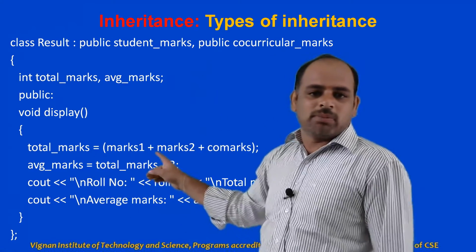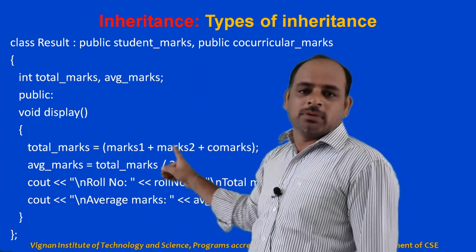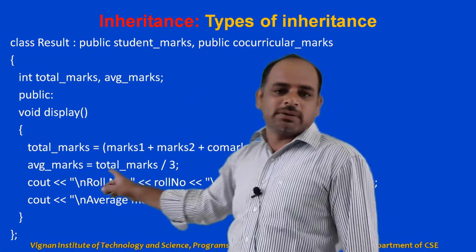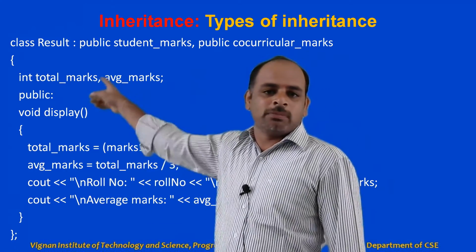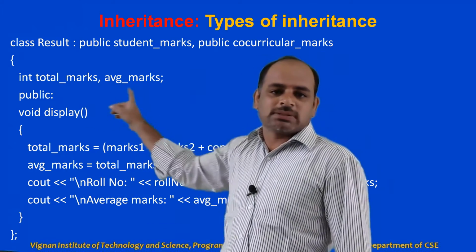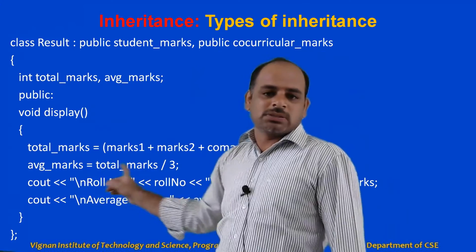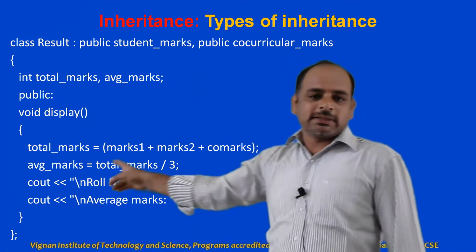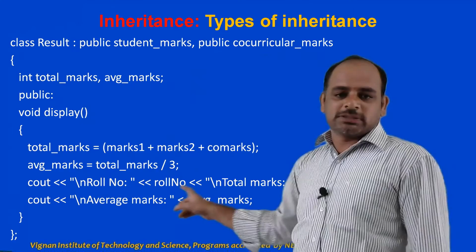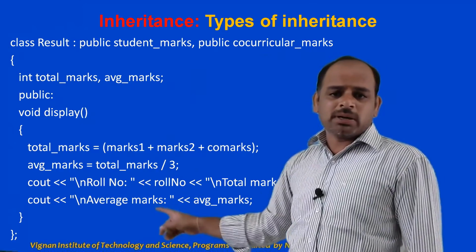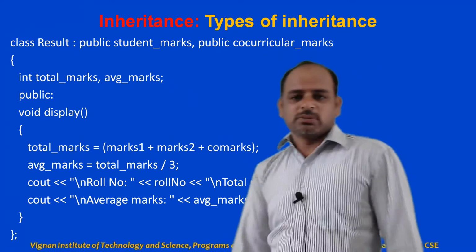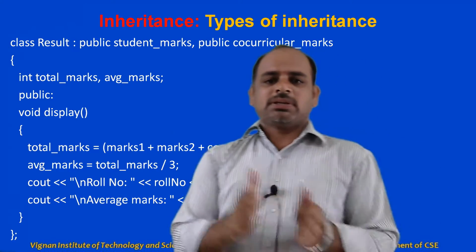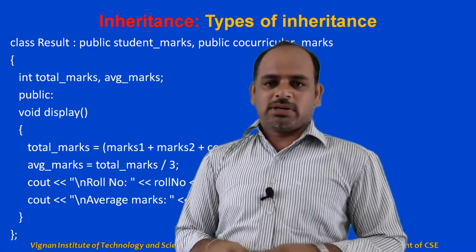Total marks equal to marks 1 plus marks 2 plus co-curricular marks, and it declares its own members like total marks and average marks. So average marks equal to total marks by 3, and after calculating the average marks, it displays the roll number and average marks of a student who obtained marks in the subjects as well as in co-curricular activities, right?